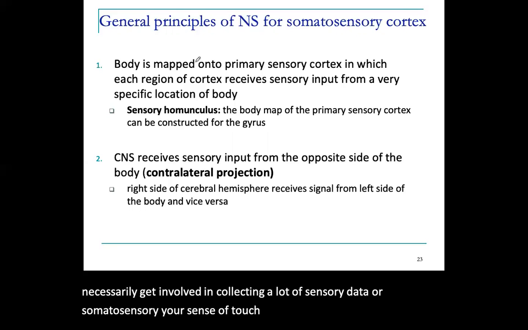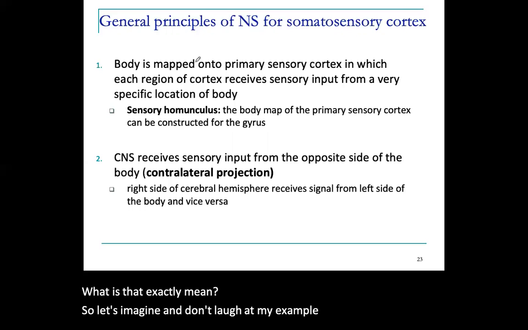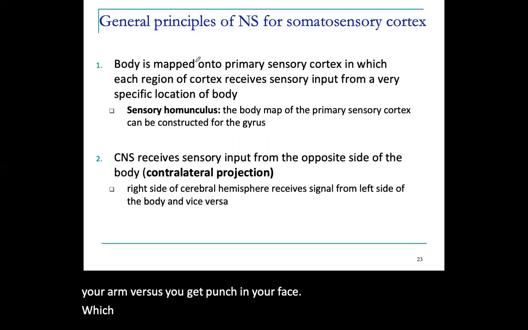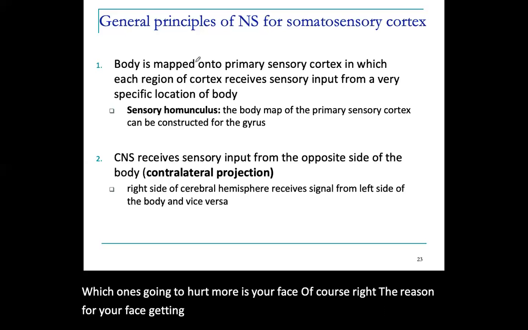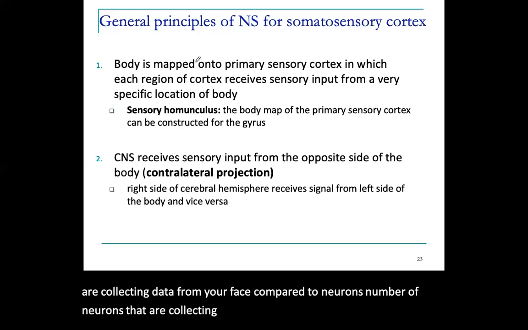What does that exactly mean? Let's imagine, and don't laugh at my example, you get punched in your arm versus you get punched in your face. Which one is going to hurt more? Your face, of course, right? The reason is that you have more neurons collecting data from your face compared to the number of neurons collecting data from your arms.